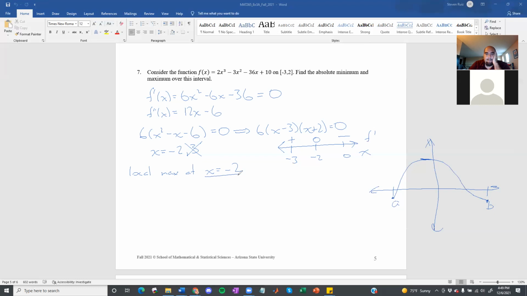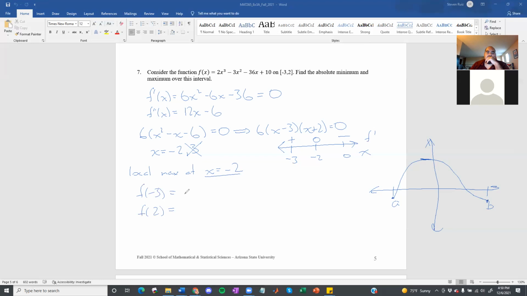Okay, so as of right now we know it's just a local maximum. In that case, couldn't we just plug in -3 and 2 into the original equation? Yep. So f of -3, f of 2. Let's get those.